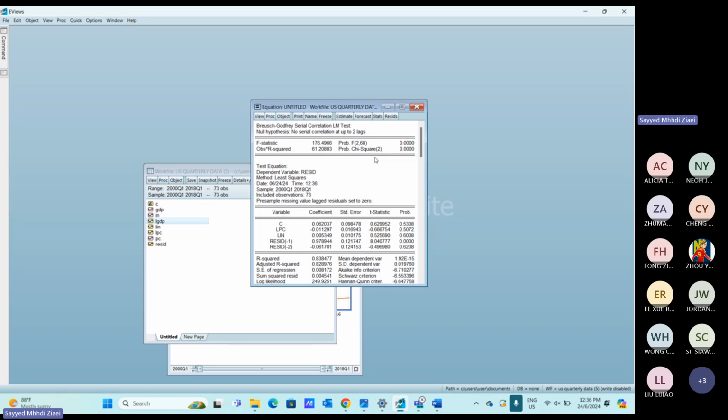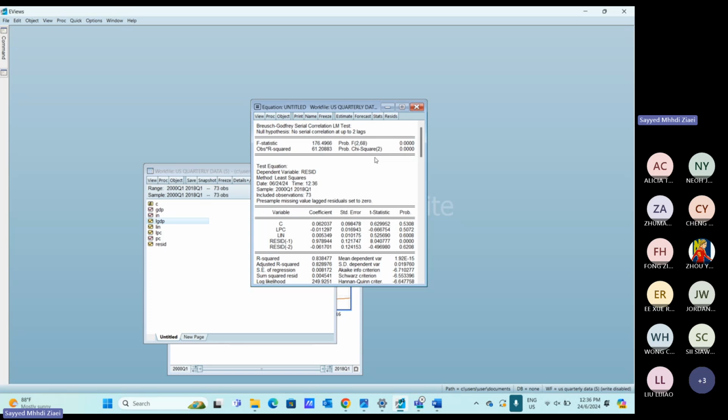So what should we do? As I mentioned earlier, to resolve the problem of autocorrelation, it's better that you use the first difference.